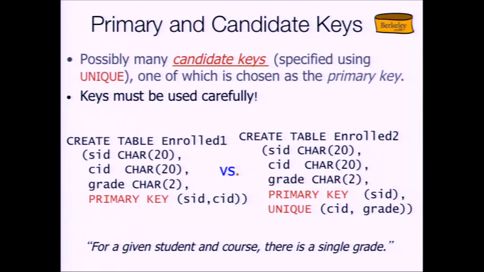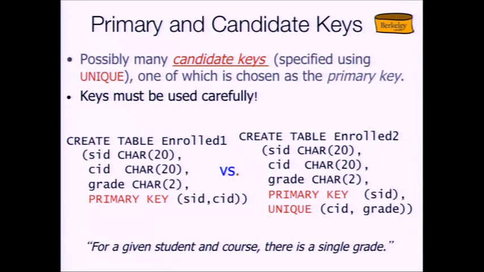So here are two enrollment tables, Enrolled 1 and Enrolled 2. They have students referenced by their IDs, courses referenced by their IDs, and the grade. So this says, when this student took this course, they got this grade. And the question is, what do I want the primary key to be there? Enrolled 1 says the primary key is going to be the combination of student ID and course ID.